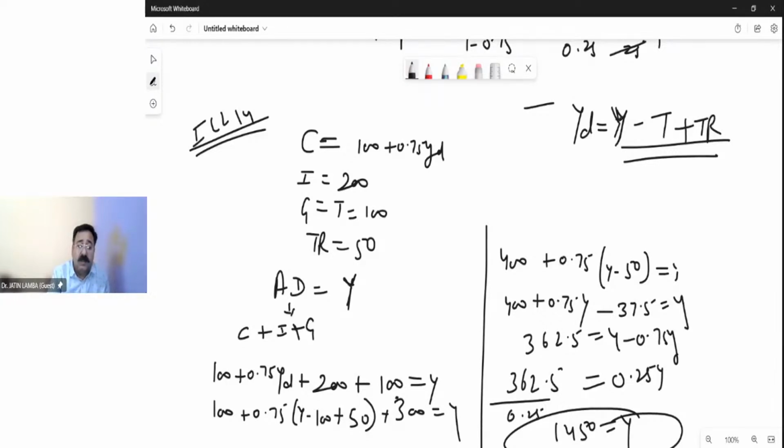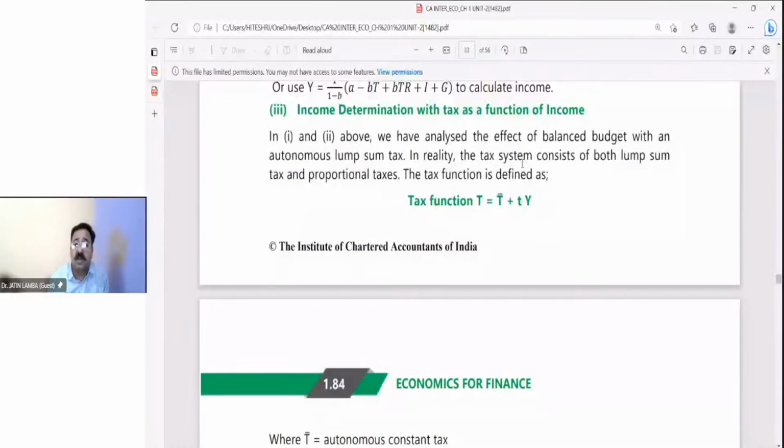Right? Now we can go to the third case, children. What is the third case? In the three sector model, the third case is income determination with taxes as a function of income. I have already explained that in the first and second cases we have taken taxes as lump sum taxes, right?